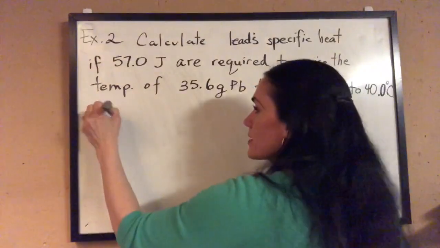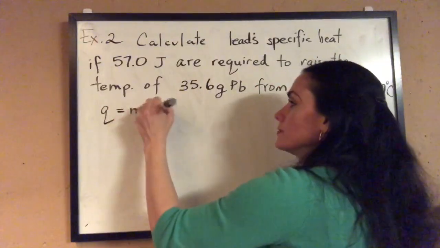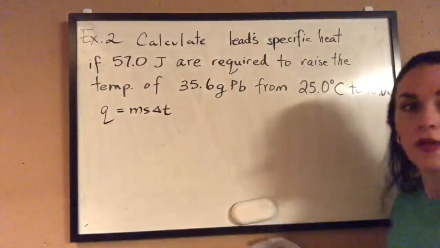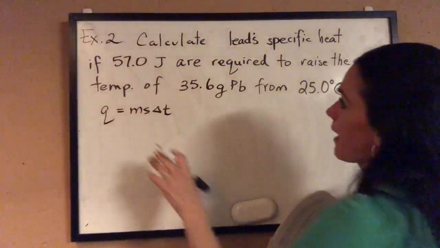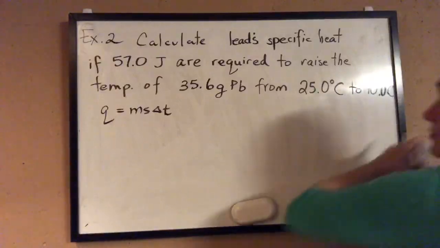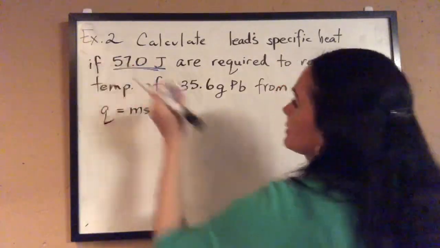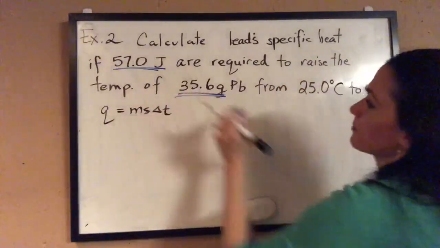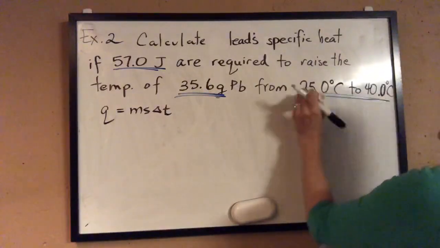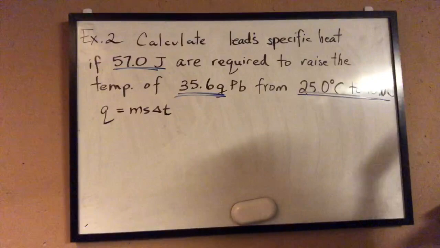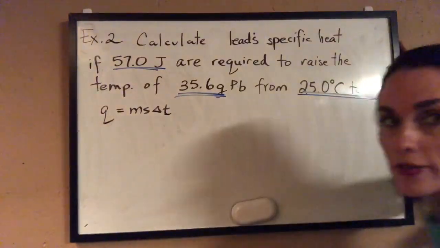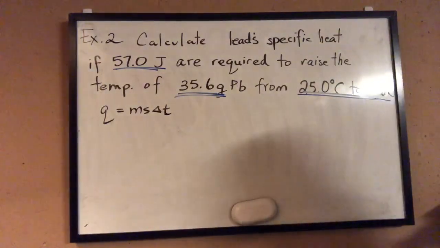All right, so we have our heat equation. We have 57 joules of heat. We know that quantity already. We know the mass. We have the temperatures, the starting and the final. Oh, I see there's a glare over here.